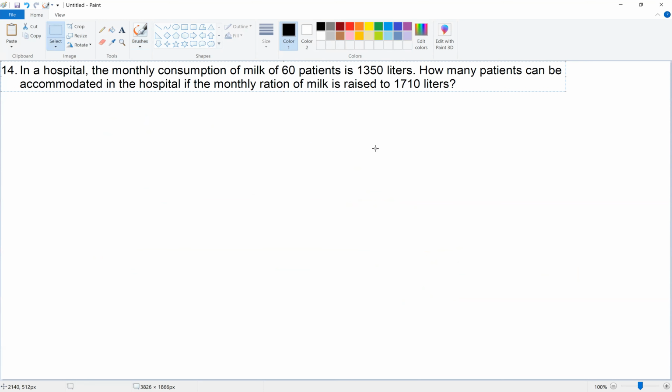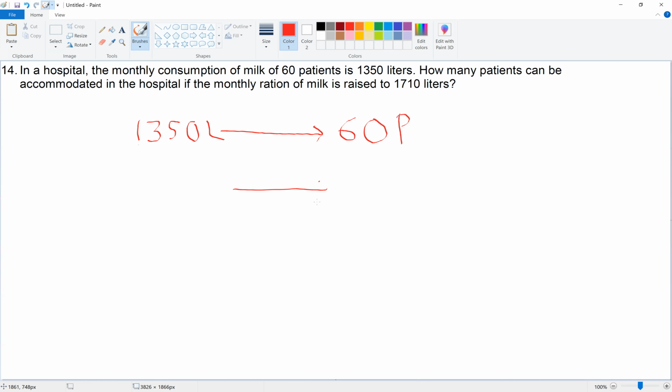Right, number 14. Aisha. In a hospital, the monthly consumption of milk of 60 patients is 1350 liters. How many patients can be accommodated in the hospital if the monthly ration of the milk is raised to 1,710 liters? So on the left side it would be 1350, and then the right would be 60. Okay.